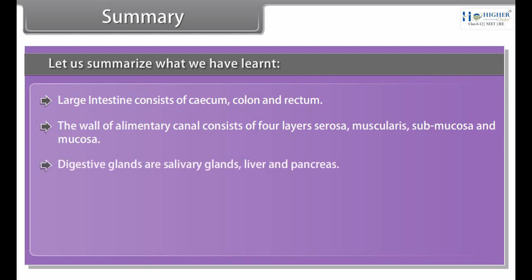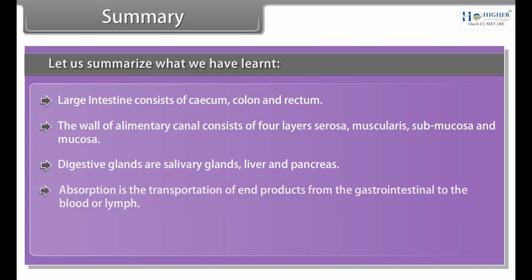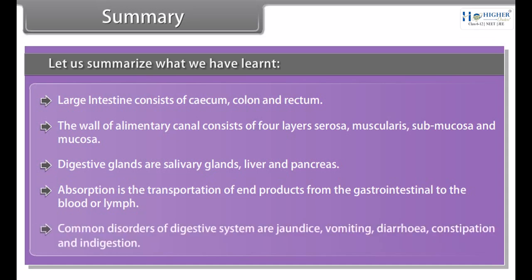Digestive glands are salivary glands, liver, and pancreas. Absorption is the transportation of end products from the gastrointestinal tract to the blood or lymph. Common disorders of digestive system are jaundice, vomiting, diarrhea, constipation, and indigestion.